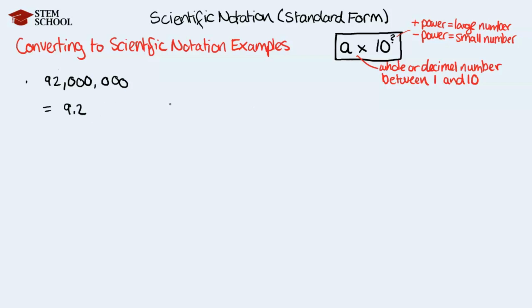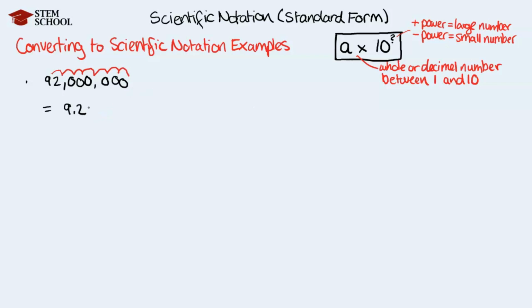So now the second step is to ask ourselves, how many jumps does it take for the decimal point in 9.2 to move to the end of the number? So the easiest way to visualize this is by literally drawing it out. So the decimal point is here, and we'll do 1 jump, 2 jumps, 3 jumps, 4, 5, 6, 7, okay?